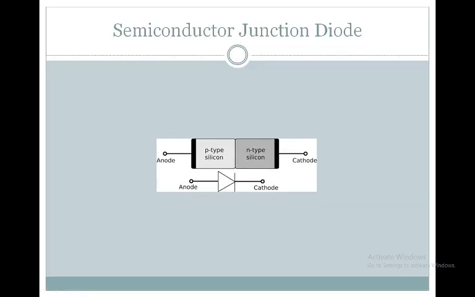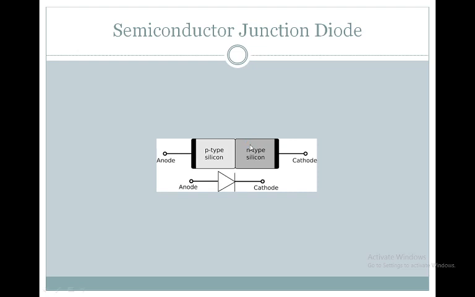Now having known how to form p-type and n-type material, we form the first electronic component called a diode. A diode is formed by simply bringing a p-type semiconductor in contact with an n-type semiconductor.